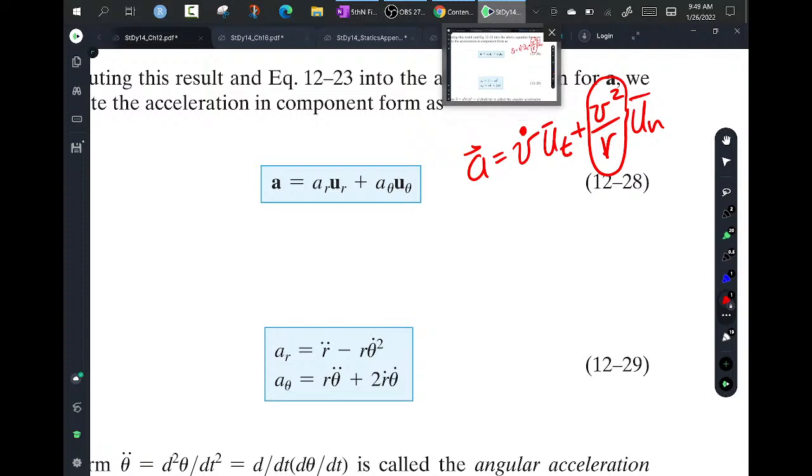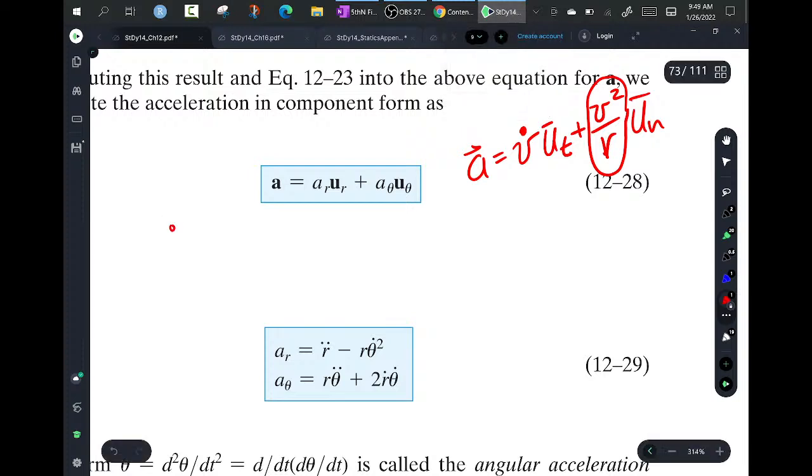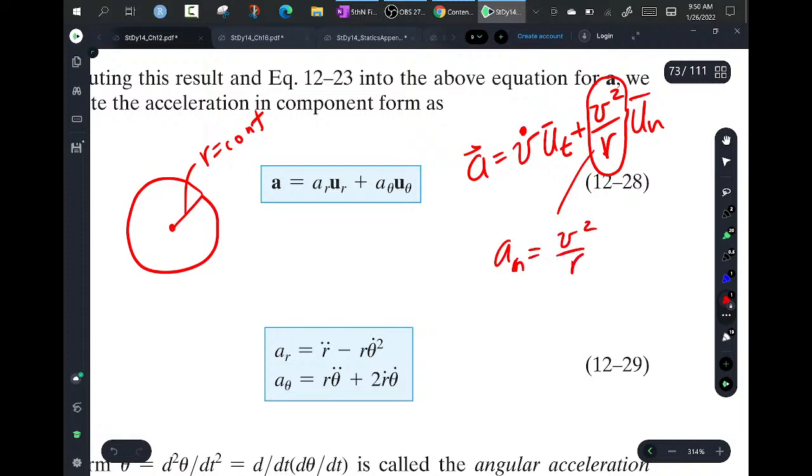So let's say a guy's driving around in circles. We're just going to take the simplest case where r is equal to a constant, which tells you that the centripetal acceleration is just going to be v squared over r, times u normal. Now, if r isn't changing in this context, that's gone, and this one's gone.